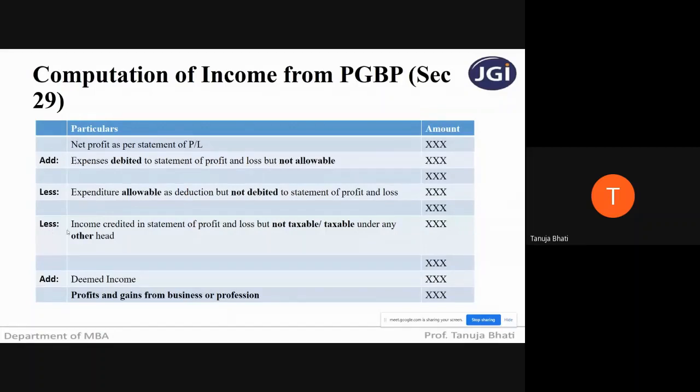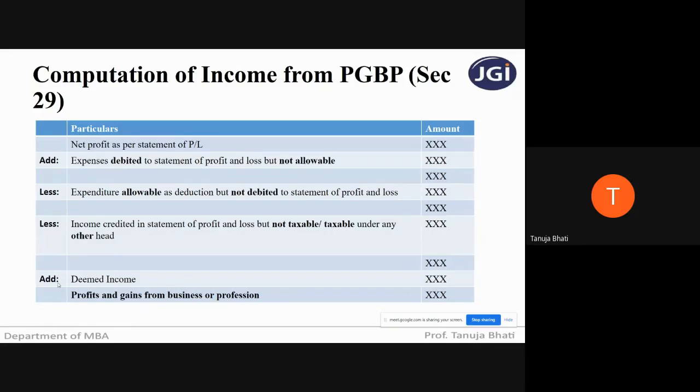Then we are going to less the incomes which are not taxable under the head Profits and Gains from Business or Profession, and we are going to add deemed income.